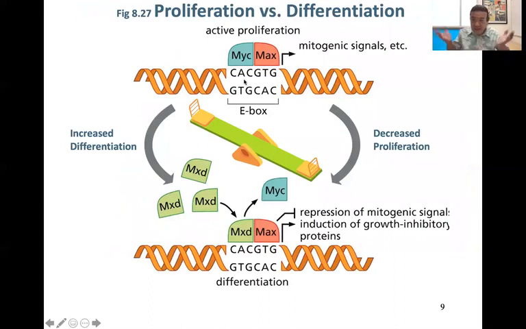So the balance then between how the cell is controlling things like proliferation, going through the cell cycle, versus hanging out in G1 and focusing on differentiation has a lot to do with how MYC is behaving with its partner proteins. So we said when MYC is partnered up with MAX and they are bound to their E-boxes in the promoters of certain genes, right?